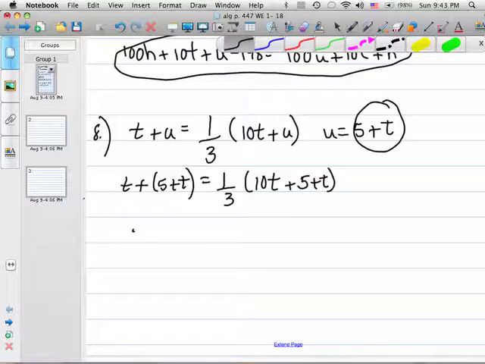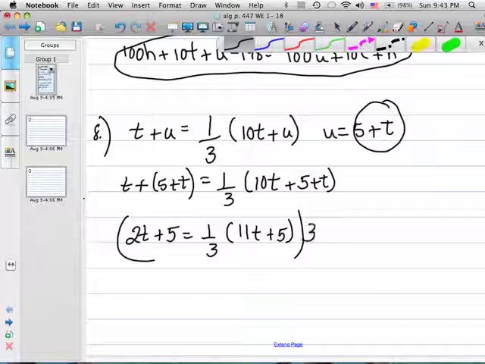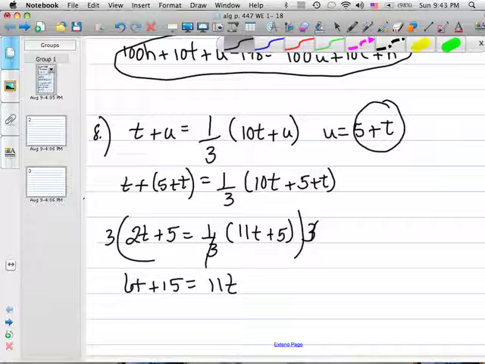I have 2T plus 5 equals 1/3 times 11T plus 5. I'm going to multiply both sides by 3 to get rid of the fraction. So I get 6T plus 15 equals 11T plus 5.